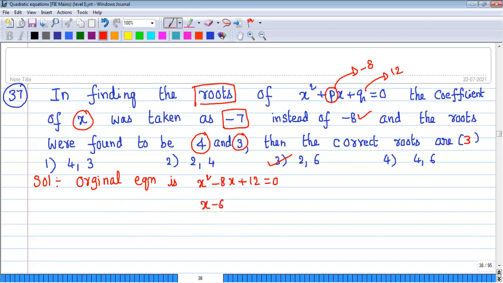We get x is equal to 6, x is equal to 2. Therefore, x is equal to 2 or 6. That means the third option is the right option.